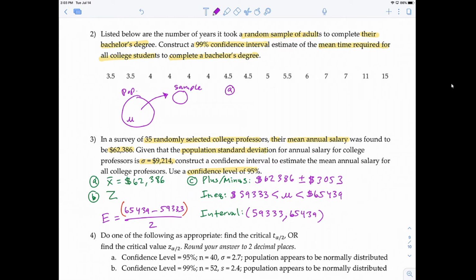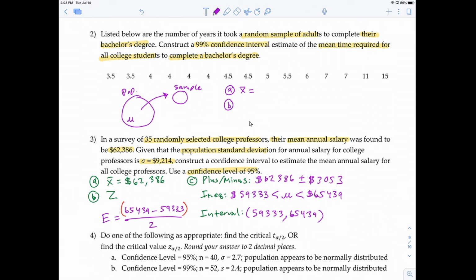So going back to the problem, question A was we need to calculate x bar, and then question B was, is this a z or t? Well, let's calculate the x bar first. Let me show you how to do this. When you're given a list of data, as opposed to being given values like statistics, here's how you do it.